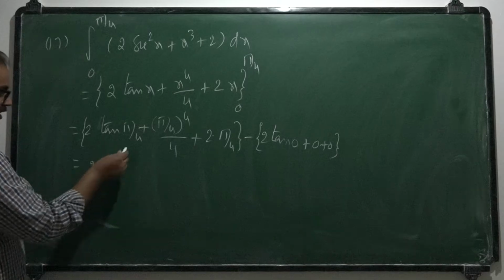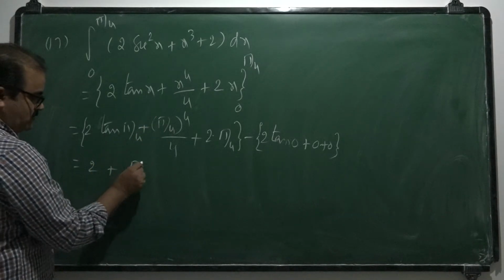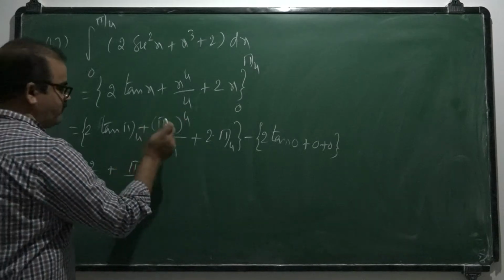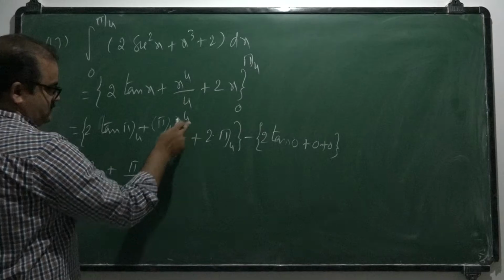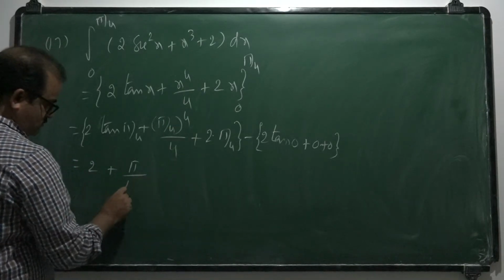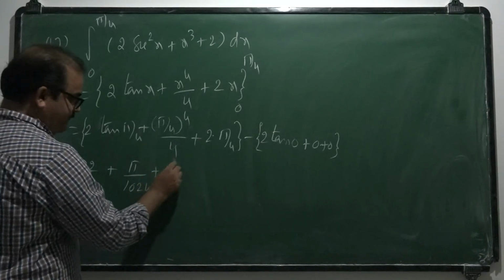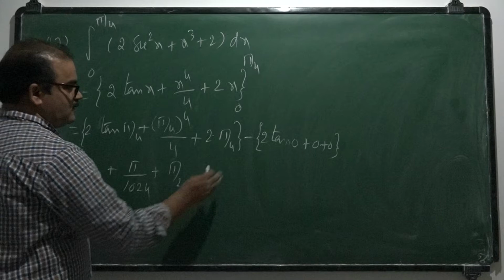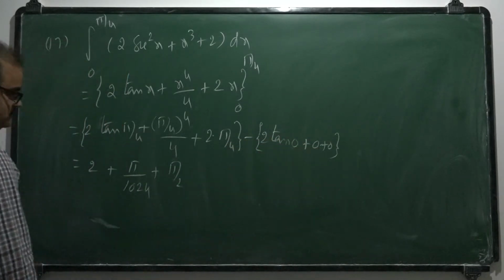Tan pi by 4 is 1, pi by 4 power 4, 256 into 4, 2 into pi by 4 that is pi by 2. Tan 0 is 0, the entire second term value is 0.